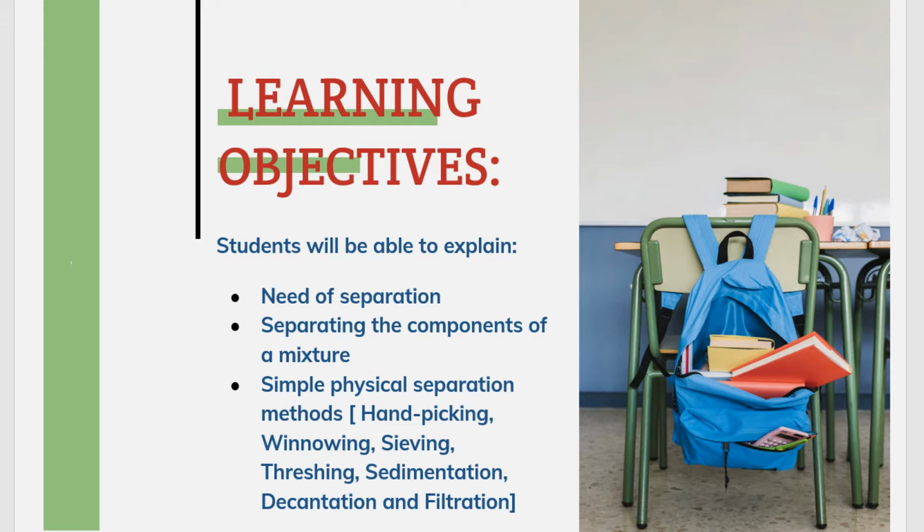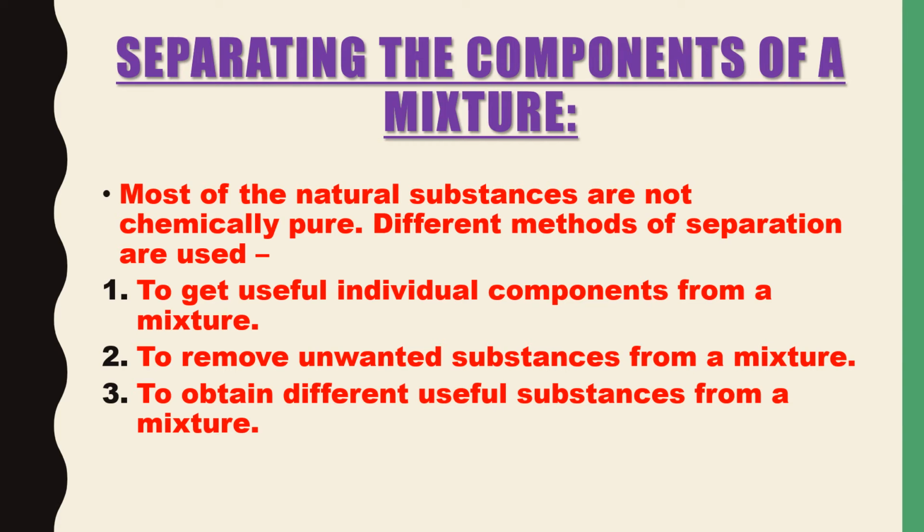My first and most important question before starting the topic is, why is there a need for separation of components of a mixture? We will first discuss the needs of separation. Most of the natural substances are not chemically pure.